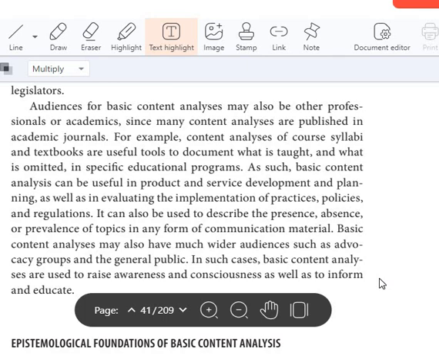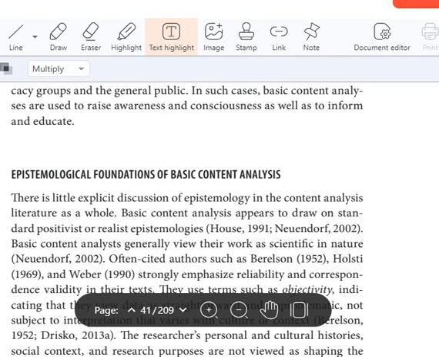Okay, now let's move on to the epistemological foundations of basic content analysis. Here we are talking about the research written about basic content analysis, and the research that adopted basic content analysis.